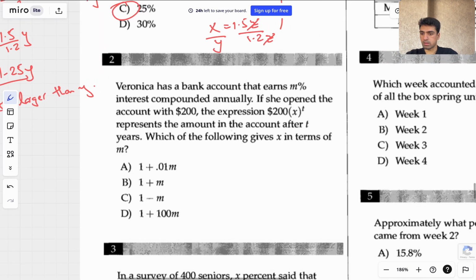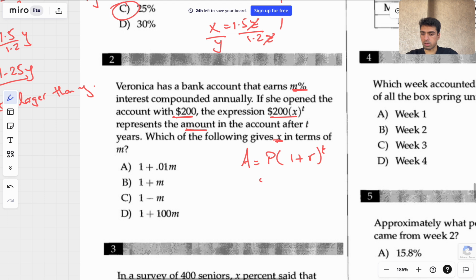Okay, next it says Veronica earns m% interest compounded annually if she opened the account with $200. The expression represents the amount, right? They want us to find x in terms of m. So the formula for compound interest is P times (1 plus r) to the power of t.